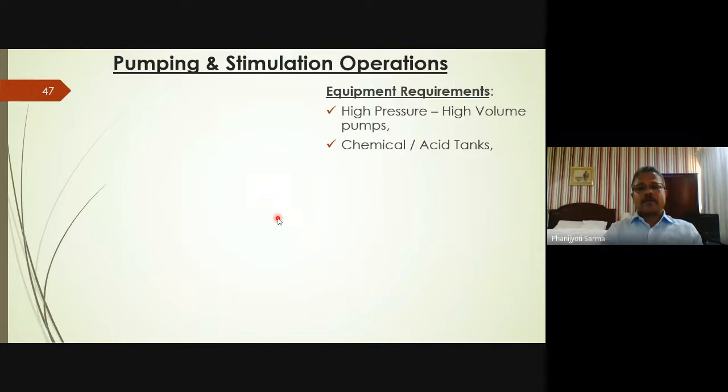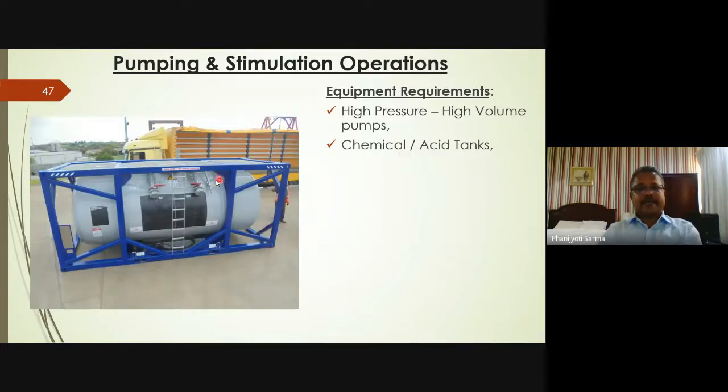So we need to have a chemical or acid tank where we store these chemicals, and from where this pump takes suction and pumps into the well. So this is another equipment.